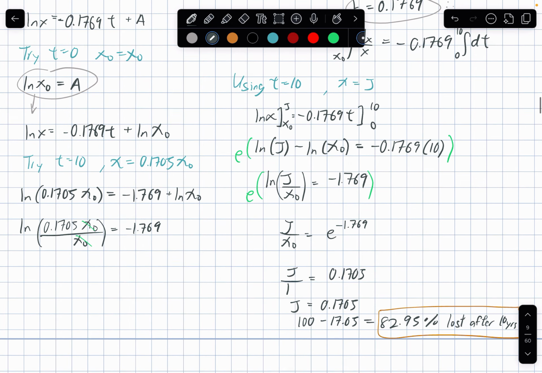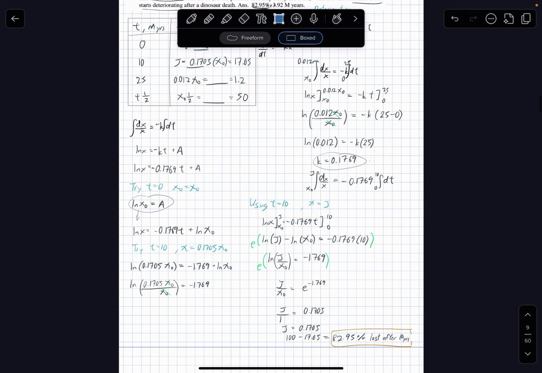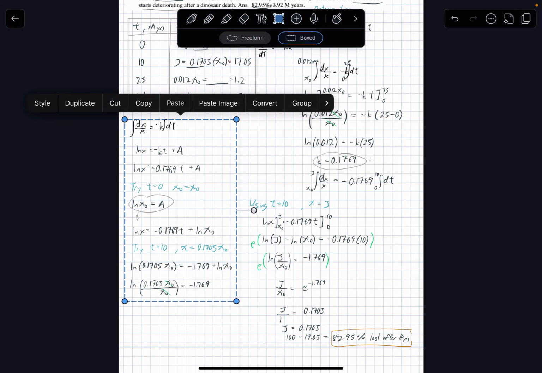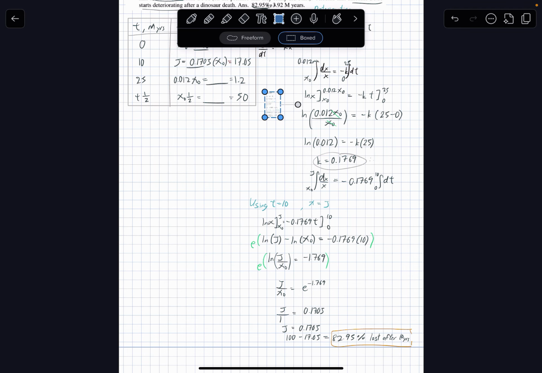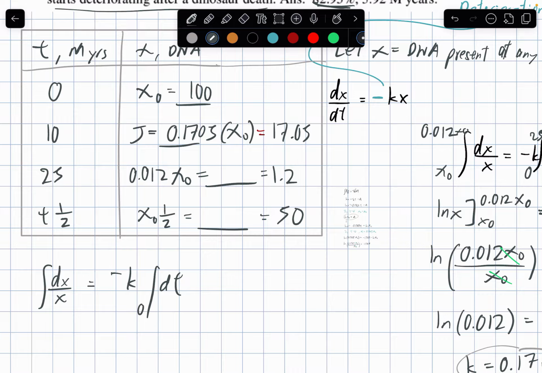Let's see. So coming from there, let's not use this for a while. Let's start with what we already have: dx over x, integral, equals negative k integral dt. Let's use two pairs: 0 to 10 years, coming from 100 to 17.05.